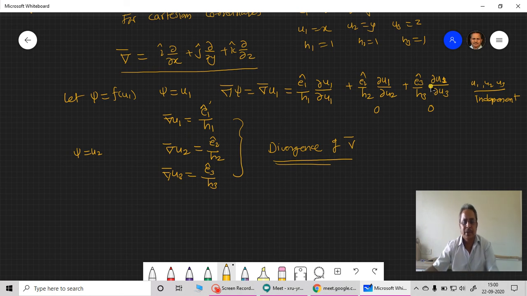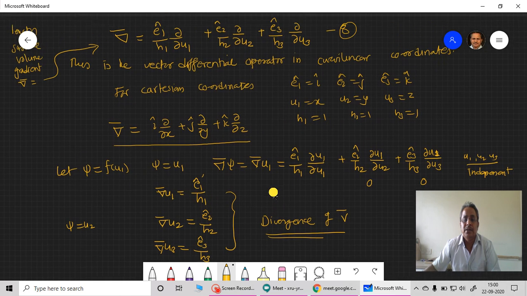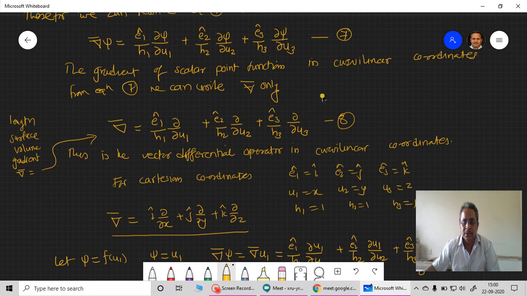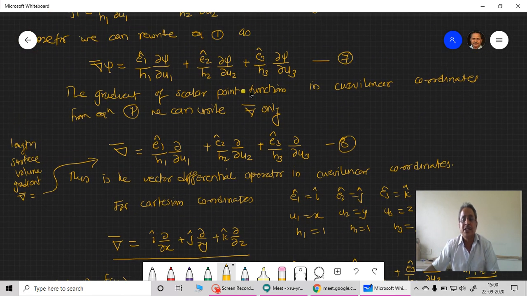So this is the first derivation, which tells you how to calculate the gradient of a scalar point function in the curvilinear coordinate system. For that, concentrate on equation 7.